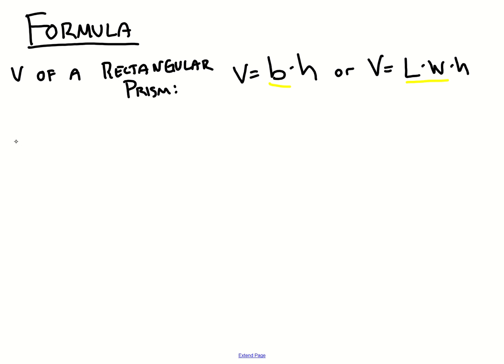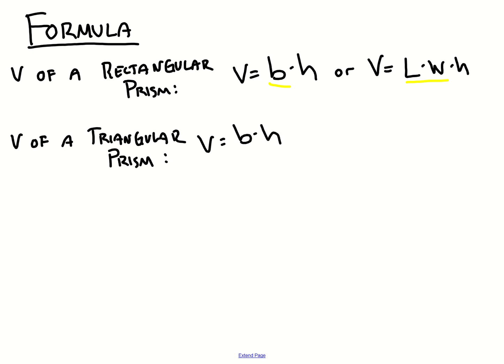Another one we have is volume of a triangular prism. Volume equals base times height, or volume equals base times height divided by 2. That's the base of a triangle times the height of the whole object. Okay, so remember, find your base of a triangle. I use this formula, times it by the height of the whole thing.